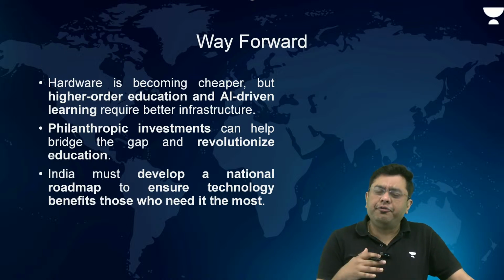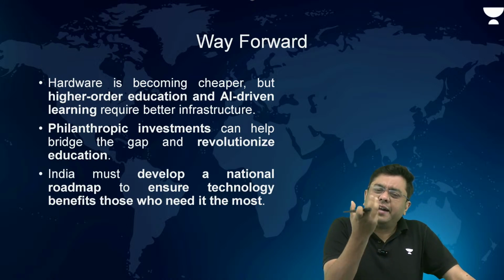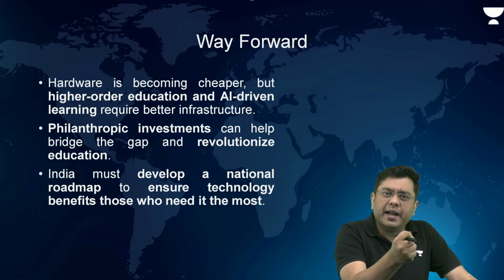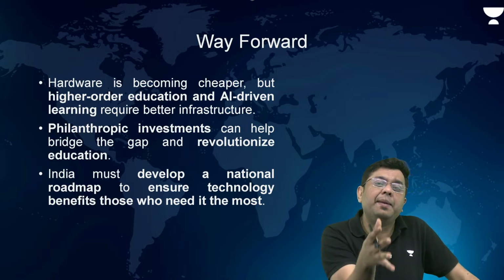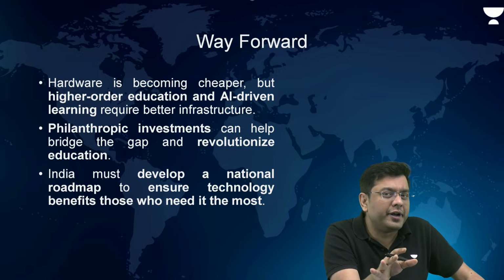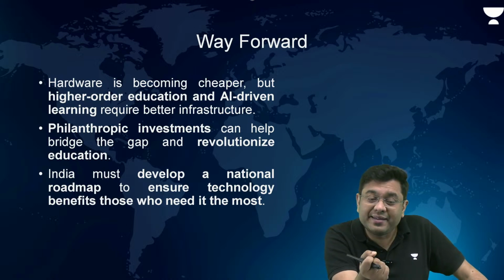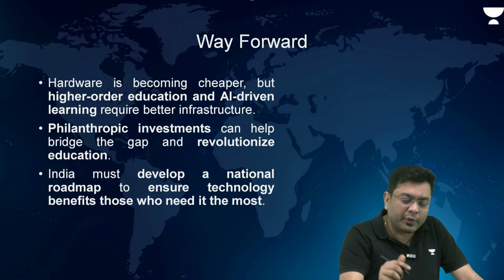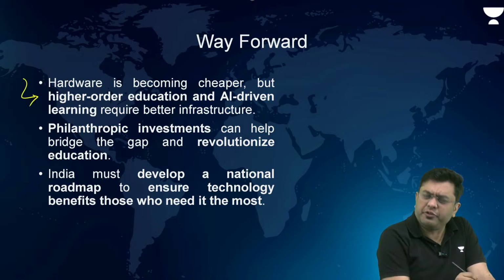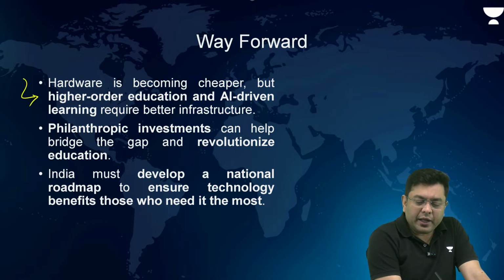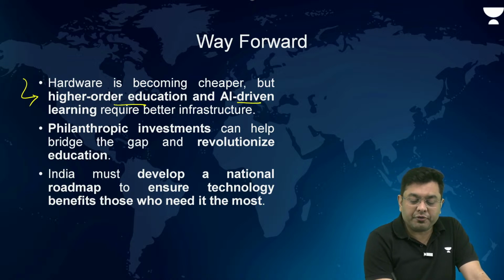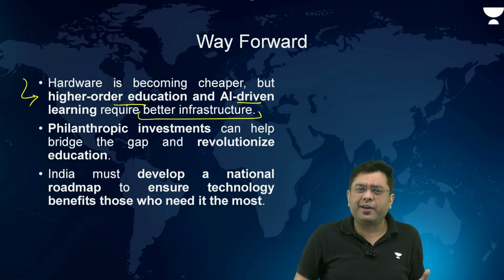So what is the way forward? If we want to ensure that education becomes imbibed with technology and at the same time education becomes equitable, if not equal, equitable means everybody has access to the same opportunities. So that is where hardware is becoming cheaper. Higher order education in AI-driven learning requires better infrastructure. A kind of a framework is required, right?